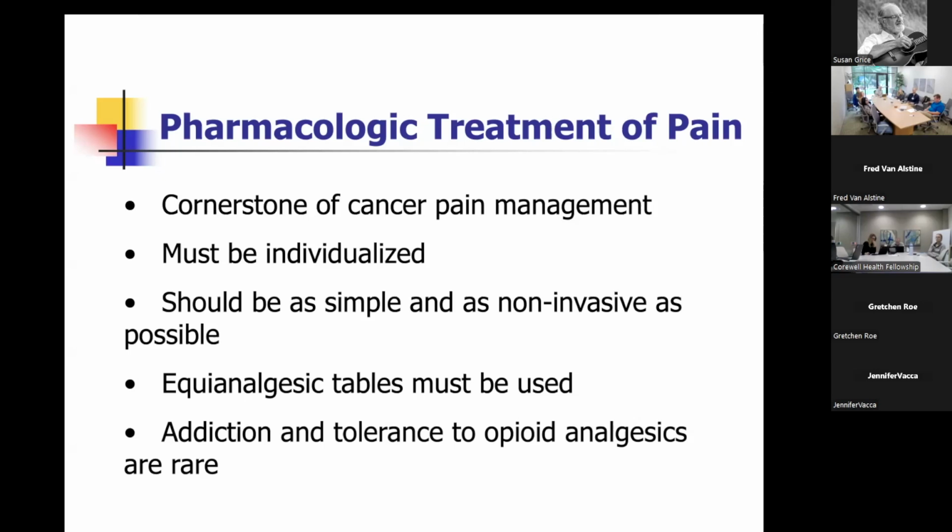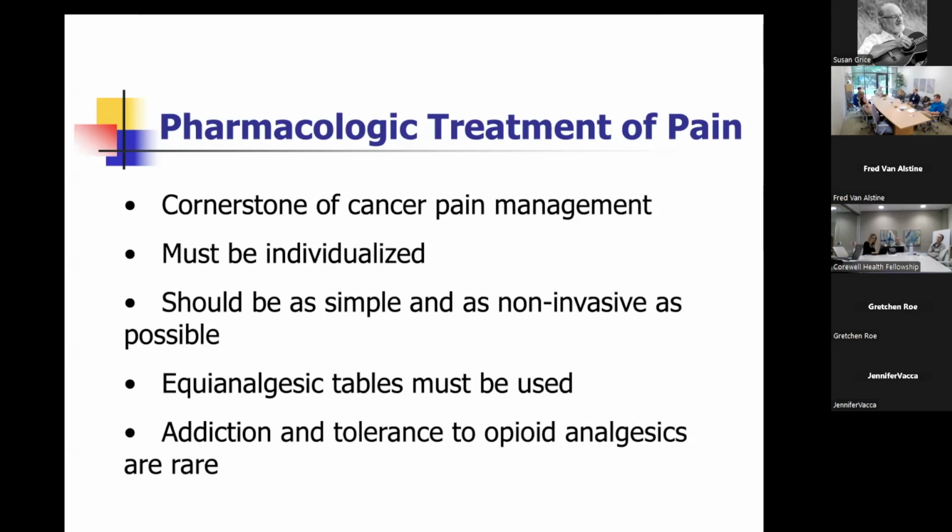And always keep in mind, although addiction, substance use disorder is an issue, it actually doesn't happen that often when we're monitored appropriately. We know that 80% of people with substance use disorder had their first exposure to a prescription analgesic, which may or may not have been appropriately prescribed for them.